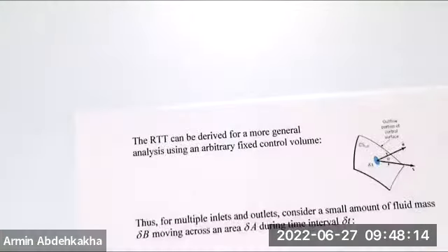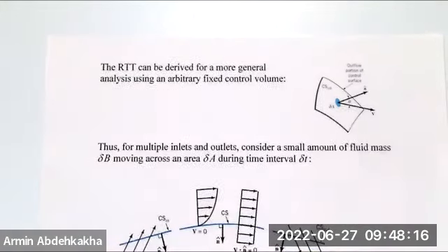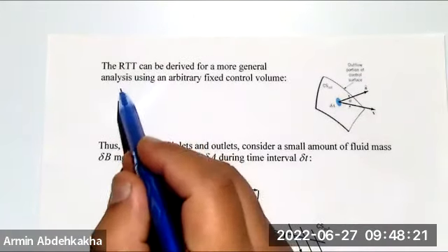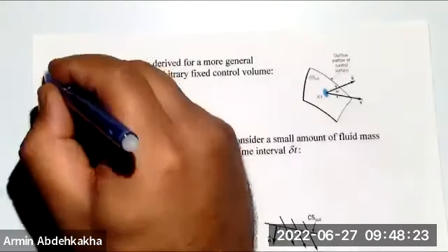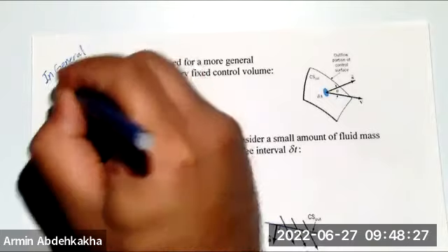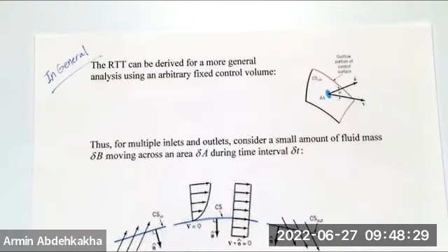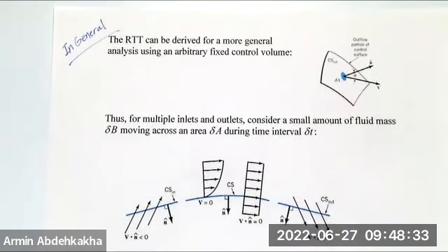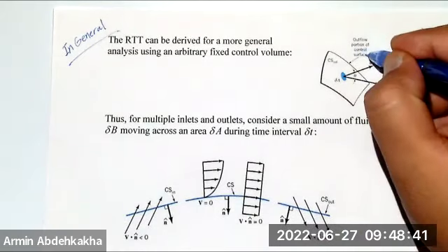The general form of the Reynolds Transport Theorem, which is RTT, is easiest to show in general. We consider an arbitrary fixed control volume, okay? That could be control surface. So these are all control surface, as you see here.